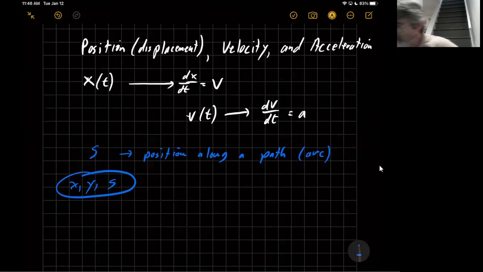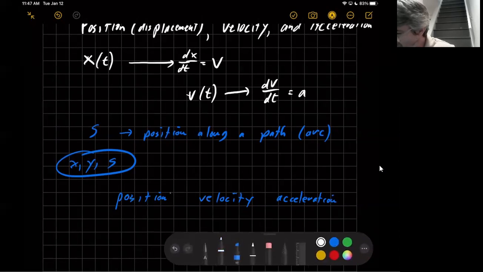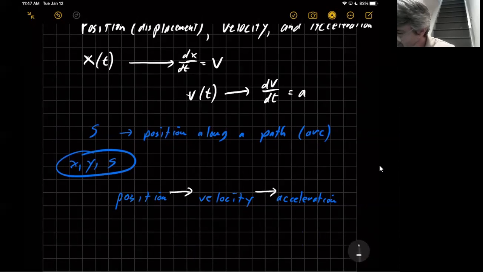Now, if we can go from position to velocity to acceleration, we should be able to go the other way. We can go this way by taking the derivative with respect to time.